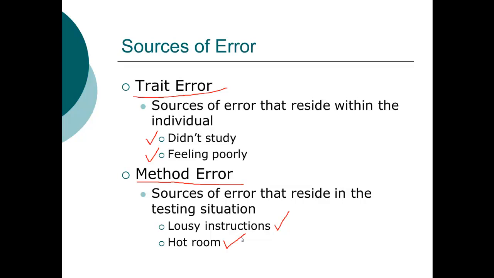One of the things we try to do in our testing room where we give the COMPASS entrance test is to try to get the room at a comfortable temperature very early in the morning, so that at least students that take the test can't say that it was too hot, too cold, and they were just worried about freezing to death or burning up rather than taking the test. But that is a source of method error.